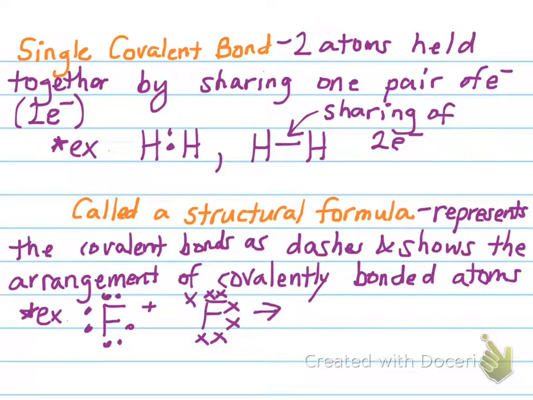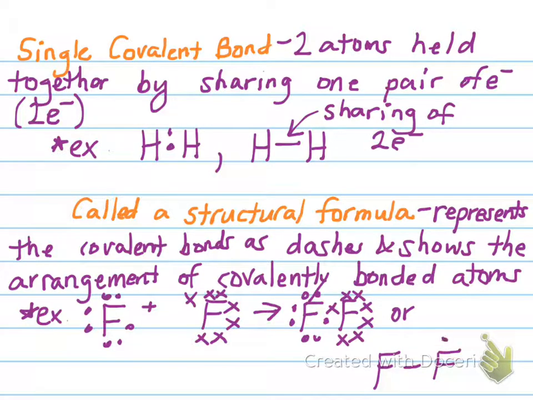They come together and form a covalent bond. Or I can draw it with those electrons that are shared between the two atoms as a dash. So that's called a structural formula.